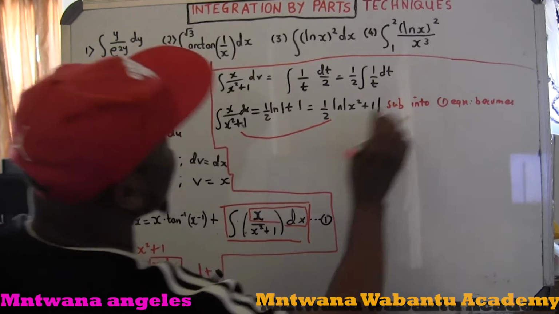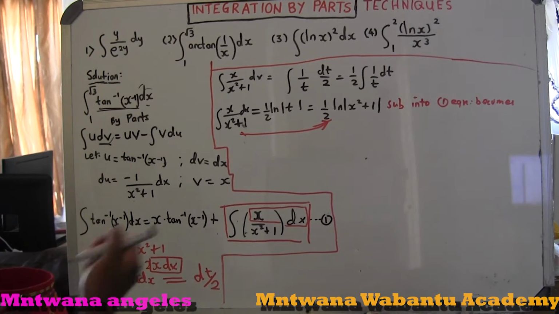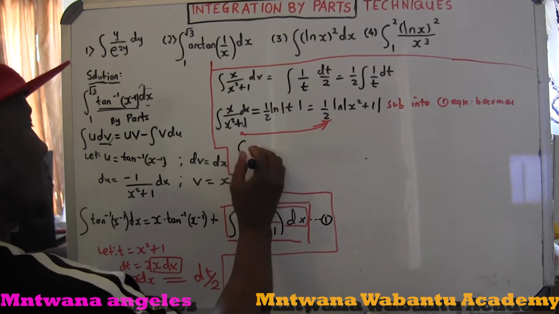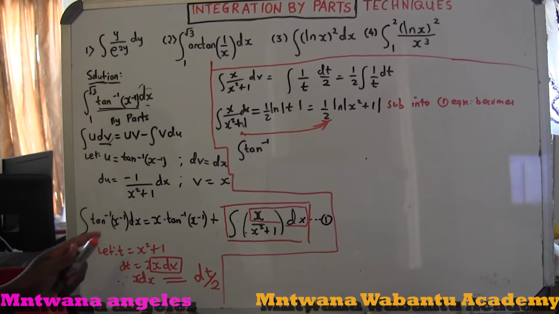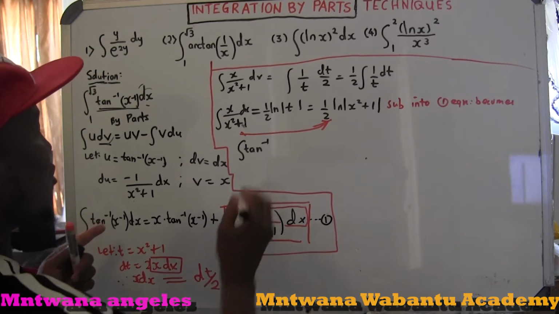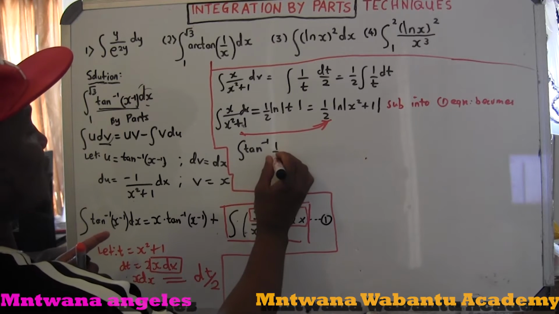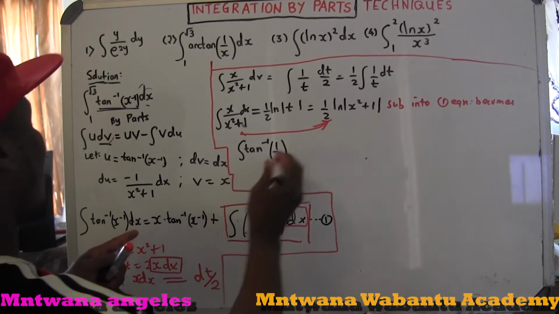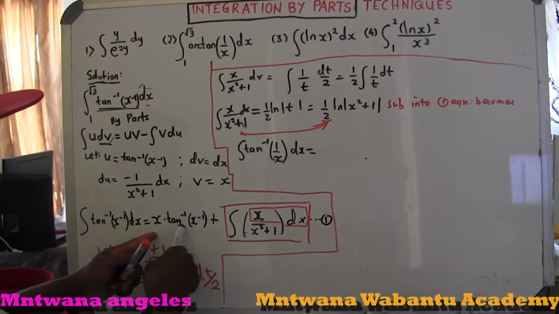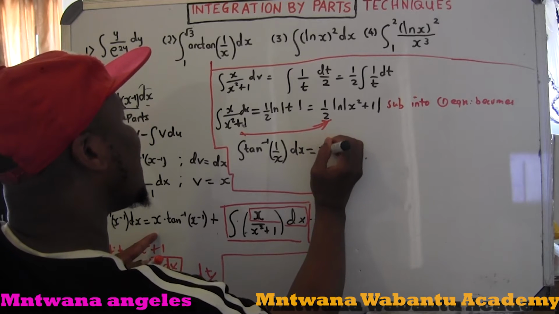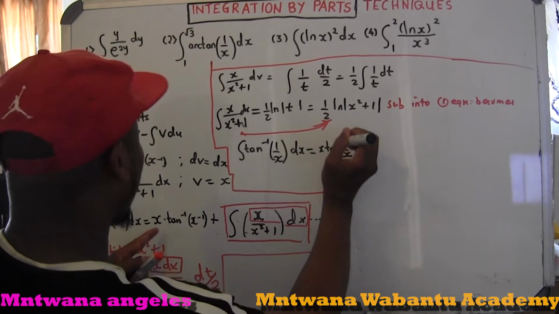So the phase equation was the integral of tan inverse of x raised to k. So you can say 1 over x, same thing, doesn't make any difference. 1 over x, or x to the negative 1 dx, equals x tan inverse of x. So x tan 1 over x is the same thing, doesn't make any difference. You know what I'm saying?